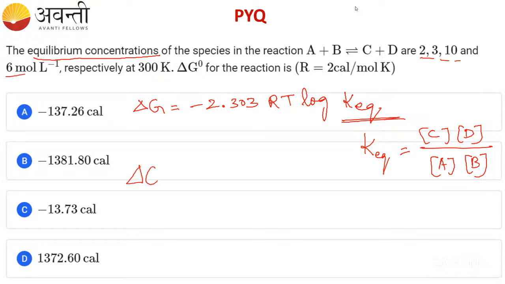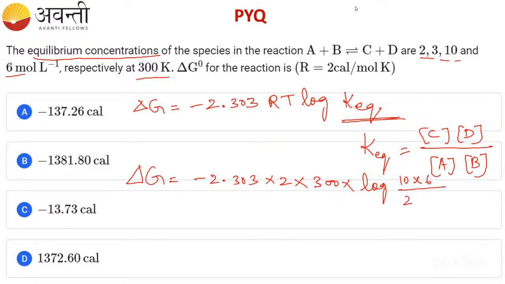So delta G is equal to minus 2.303 into R. R is 2 calorie per mole, and the temperature is also given in the question: 300 Kelvin, into log of K_eq. In place of C we substitute 10, and for D it is 6.